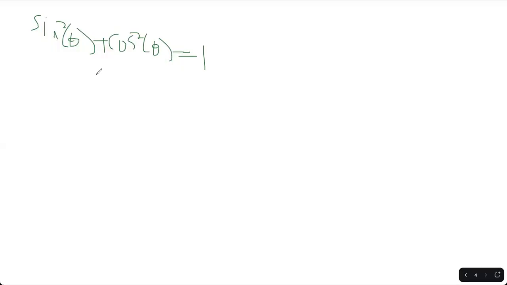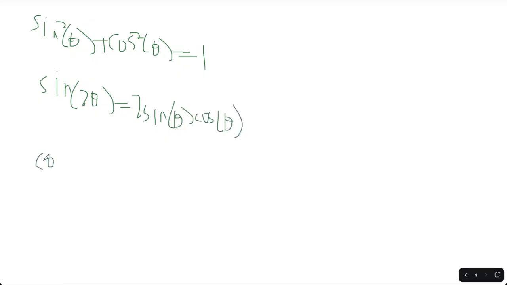There's just double angle: sine of 2 theta is equal to 2 sine theta cosine theta. This could be useful when we're talking about calculus. And then there's cosine 2 theta. This is less common, and since there are 3 varieties, I'm only going to write 1.